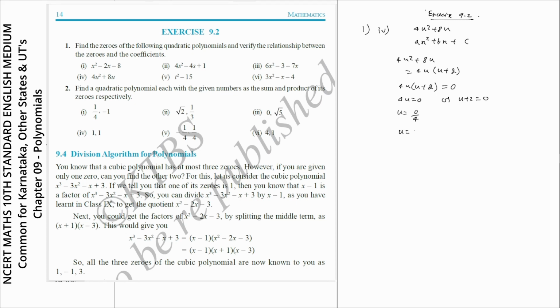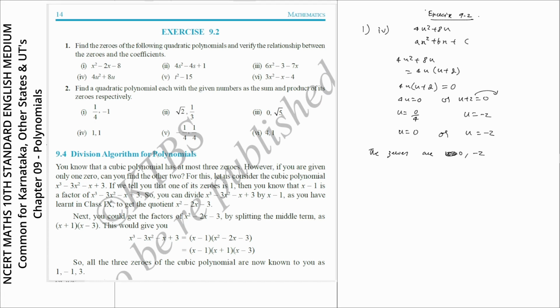So u is equal to 0. Coming to this side, if I take this 2 to the right hand side, u is equal to minus 2. So u is equal to 0 or u is equal to minus 2 are the zeros, or the roots, of the given polynomial. The zeros are 0 and minus 2.